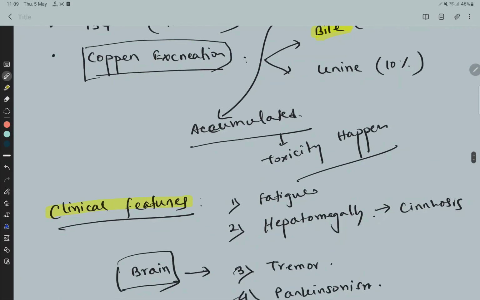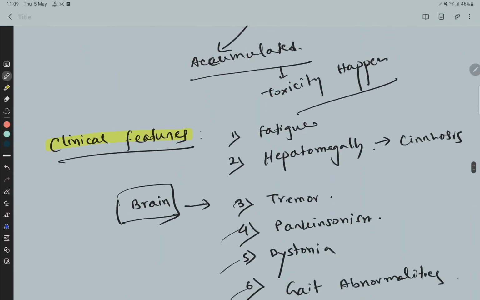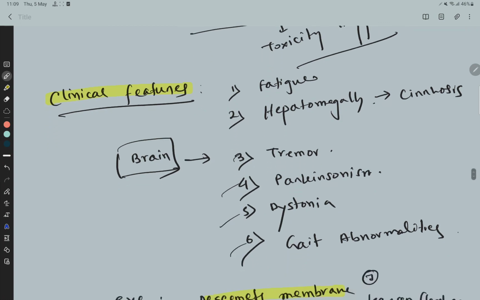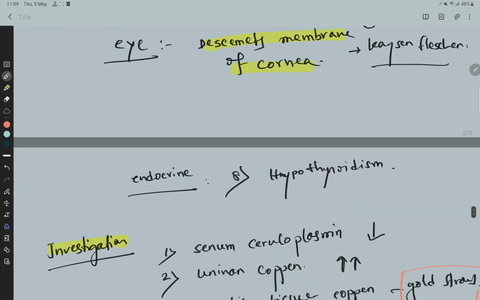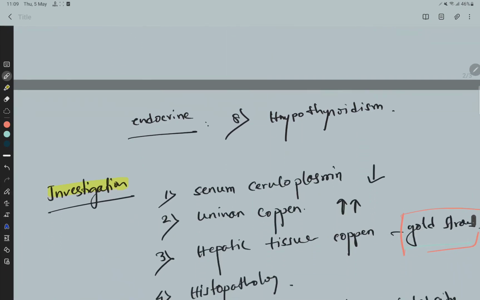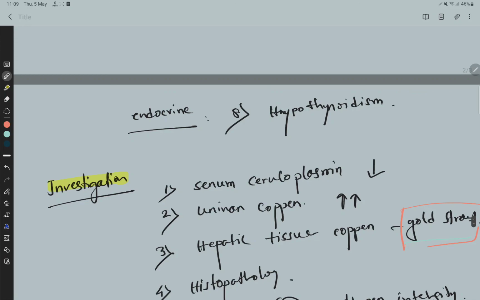In clinical features, there is fatigue and hepatomegaly, ultimately cirrhosis. In the brain, neurological features: tremor, Parkinsonism, dystonia, gait abnormalities. In the eye, copper accumulates in Descemet's membrane, producing the Kayser-Fleischer ring, and endocrine hypothyroidism. Other body parts are also affected.